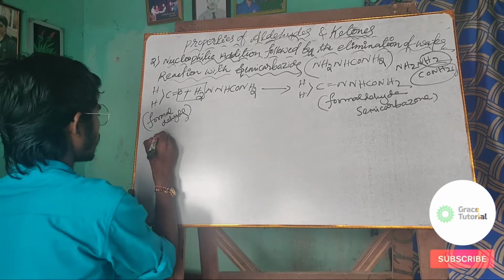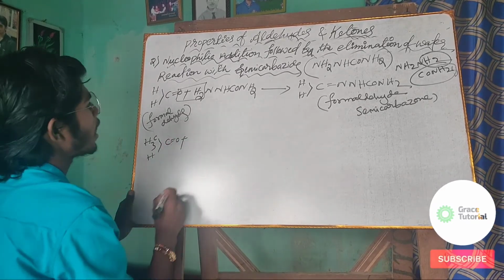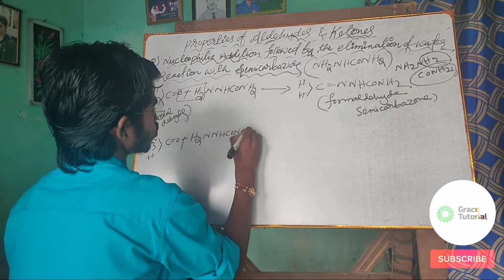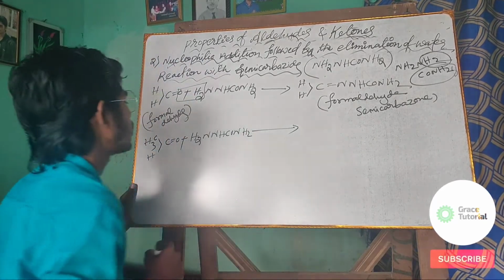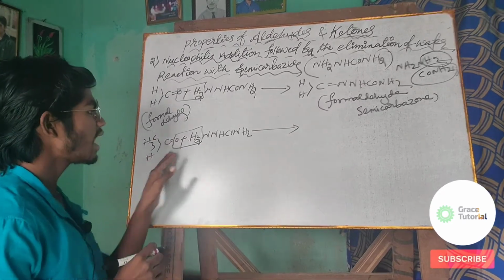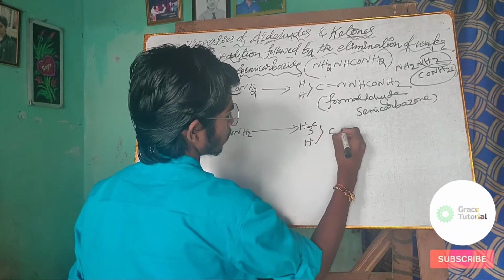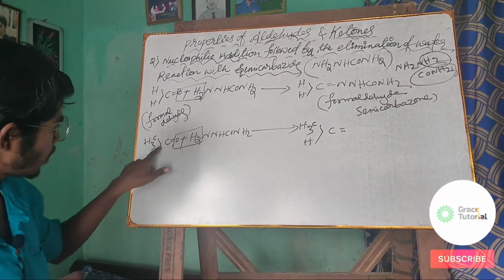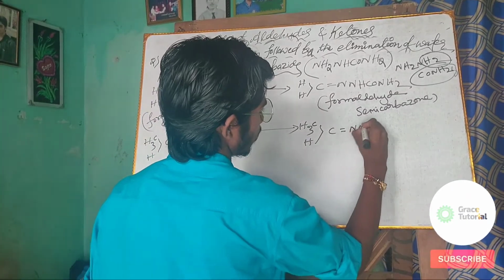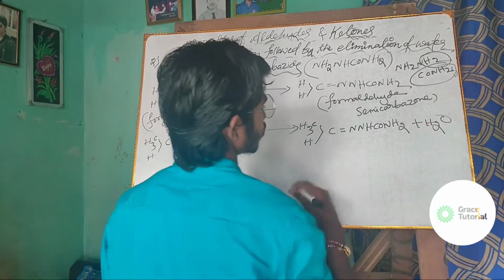If we take acetaldehyde and it reacts with H2N NHCONH2 semicarbazide, the water is removed from here and it gives acetaldehyde semicarbazone, CH3CH double bond NNHCONH2, followed by the water molecule.